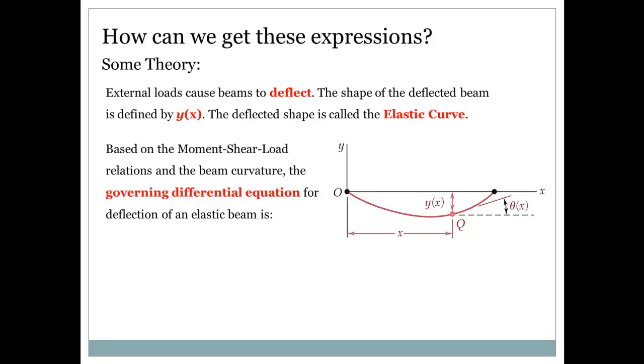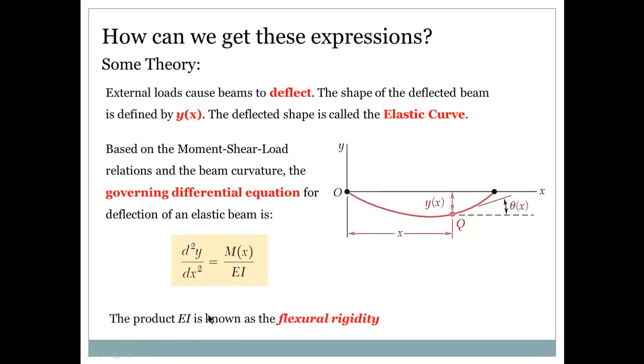My goal here is just to show you examples and how you can use whatever we know right now to find the equation for the deflection or the deflected shape. This is the governing differential equation. It says here that the second derivative of the function y of x with respect to x equals the moment equation M(x) divided by EI, and EI is known as the flexural rigidity.